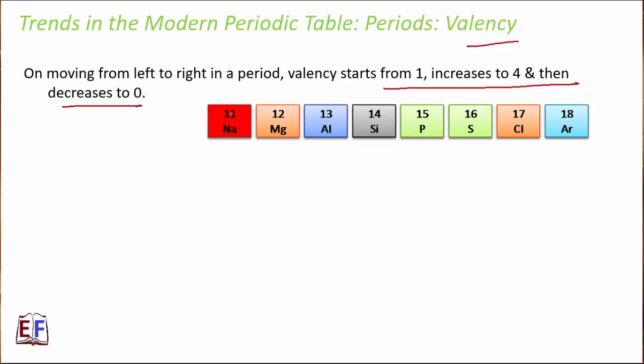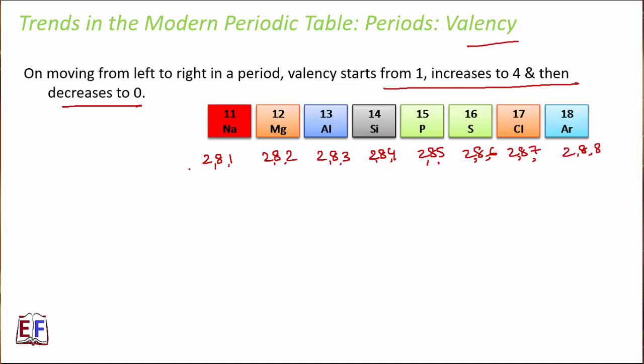If we talk about sodium, what is the valency? In order to understand valency, let us first write their electronic configuration. Sodium is 2,8,1, magnesium is 2,8,2, aluminium is 2,8,3, then 2,8,4, 2,8,5, 2,8,6, 2,8,7, 2,8,8.